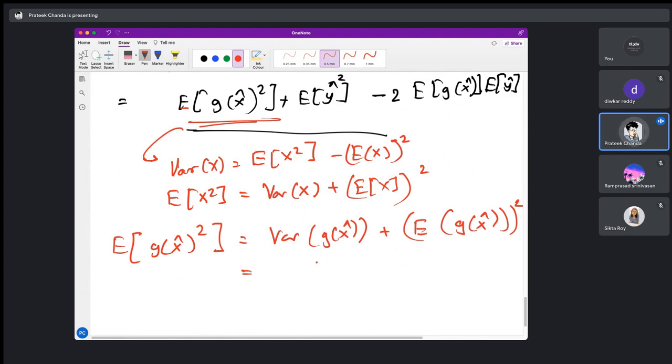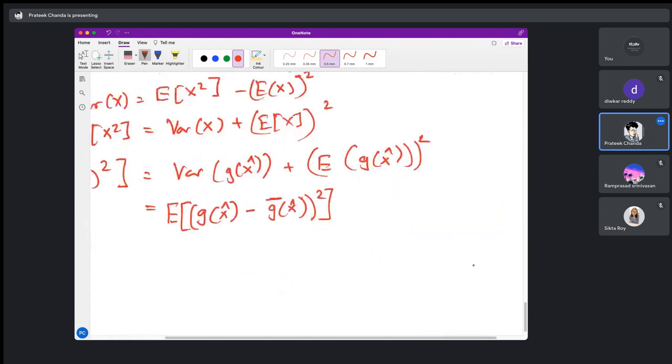And variance of g of x hat, I can write as expectation of g of x hat minus g of x hat bar, the average of the g of x hats, whole square. I guess this is clear, since I'm just expanding the definition of variance.